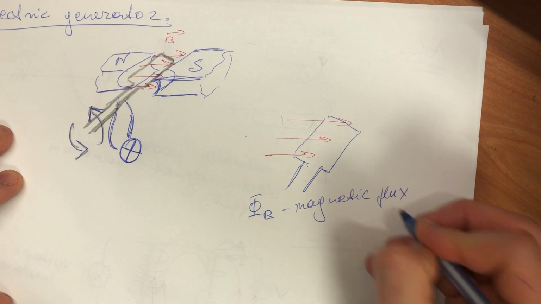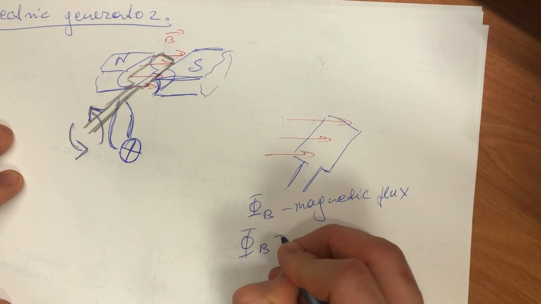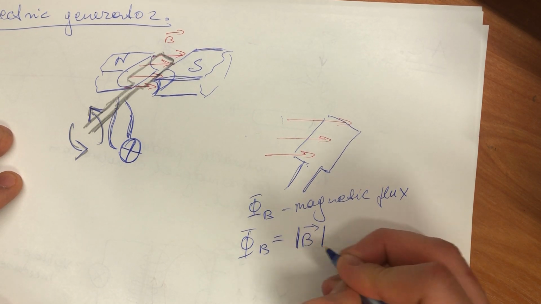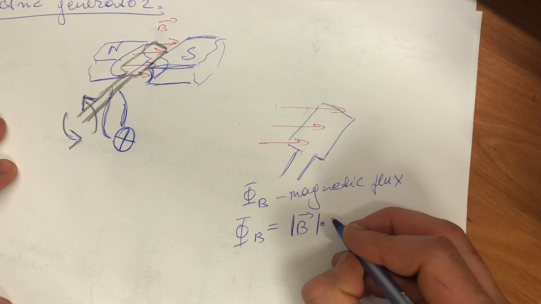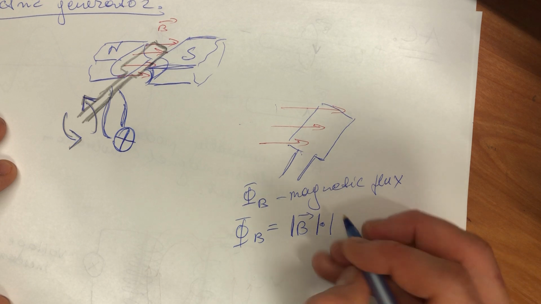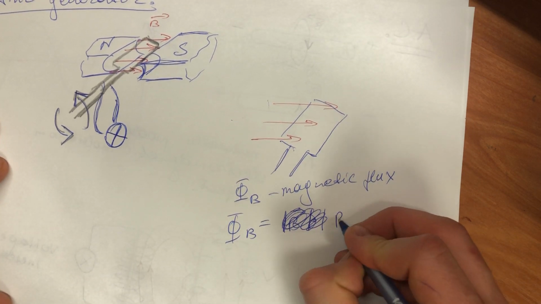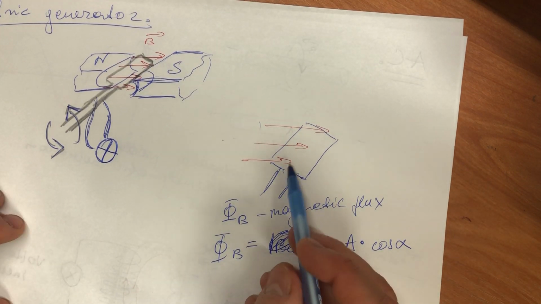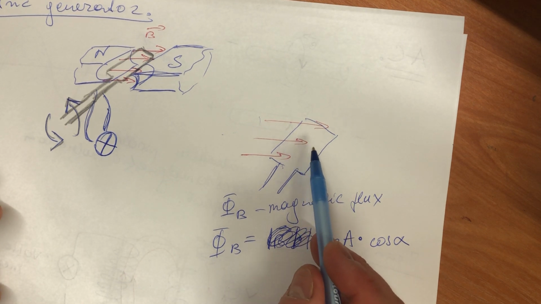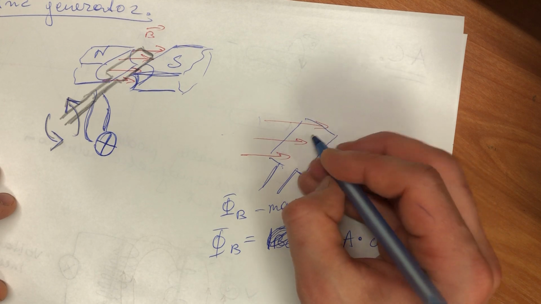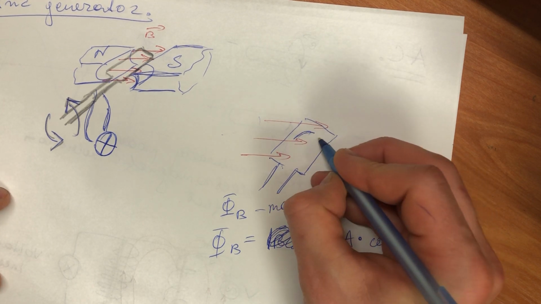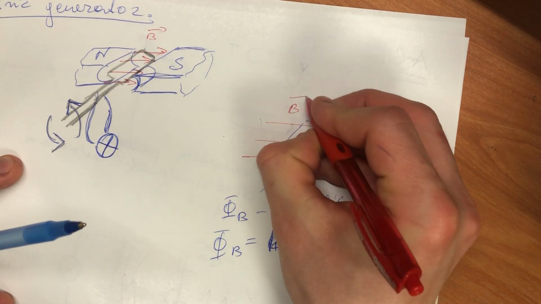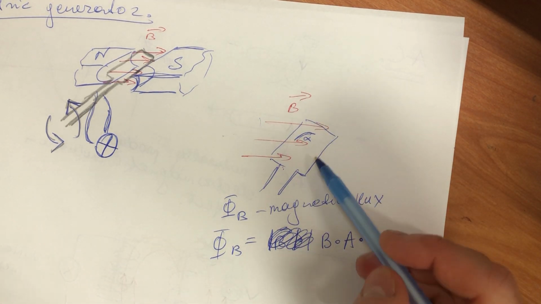Magnetic flux is defined as magnetic induction times the surface area times cosine alpha, where alpha is the angle between the magnetic field lines and the plane of this rectangular loop.